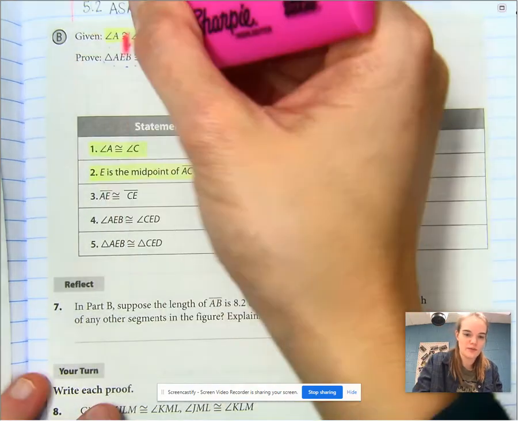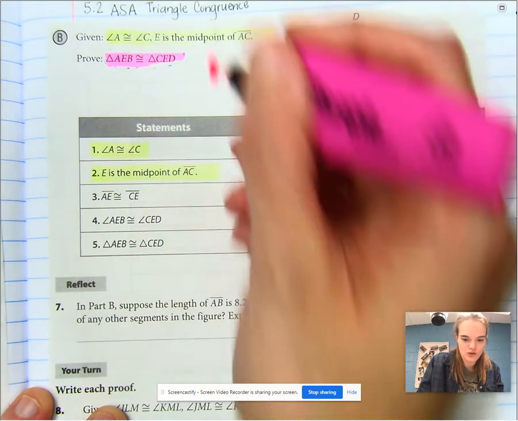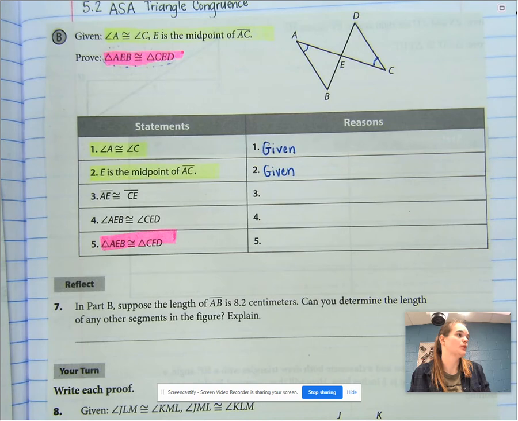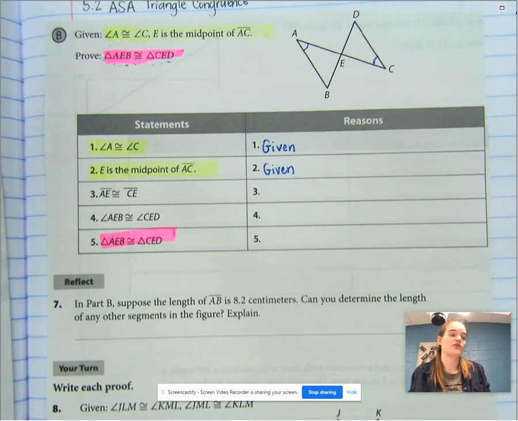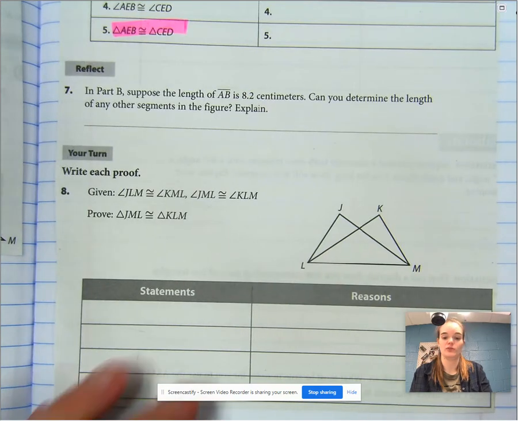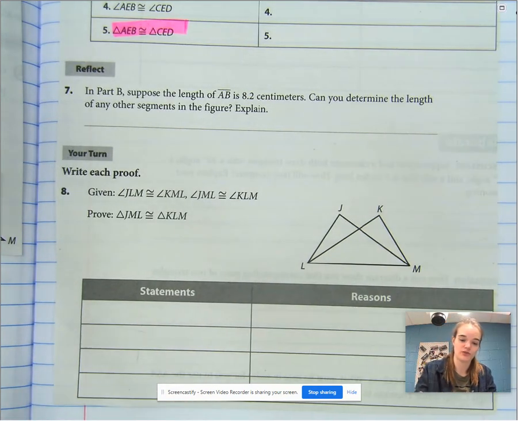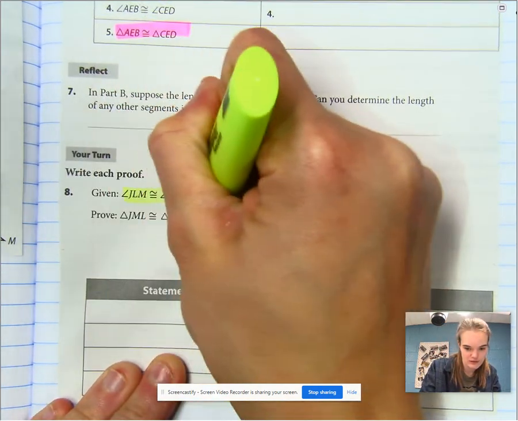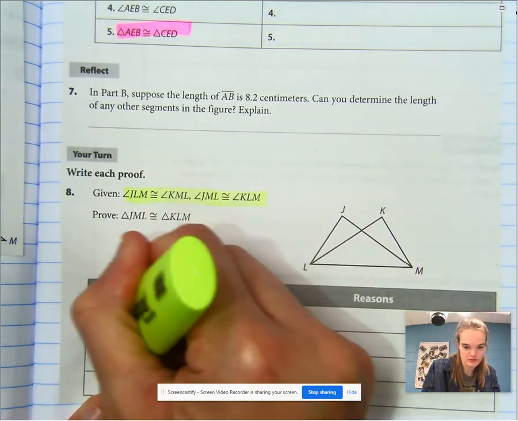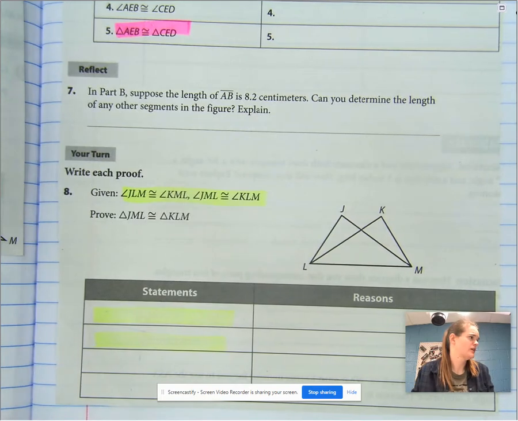Your prove statement should always be at the end. Always, in a two-column proof. It would be the first sentence in a paragraph proof and the last sentence. I'm going to highlight that down here too, so when you're doing this one on your own, which you will in just a minute, since there are two of them, they're going to want you to put two of them right here.